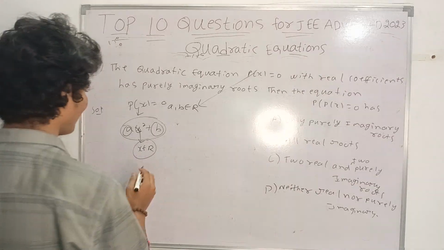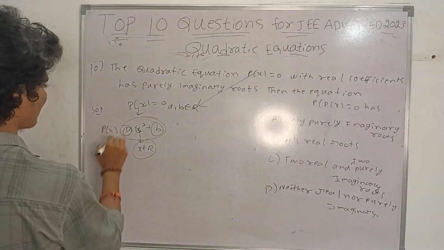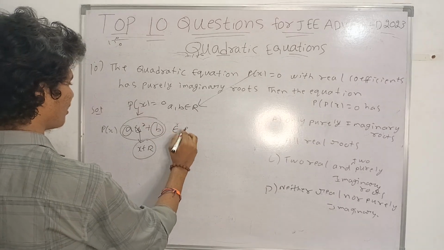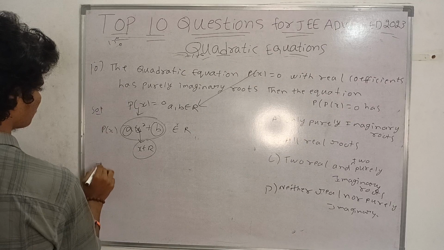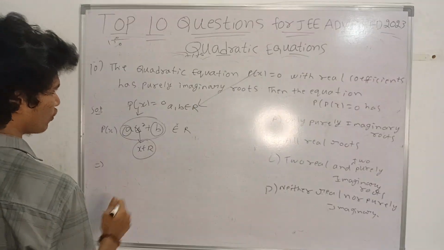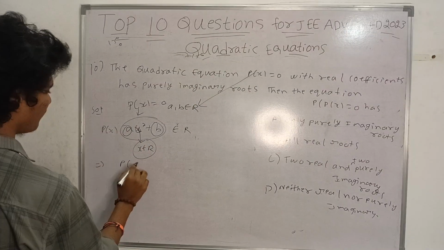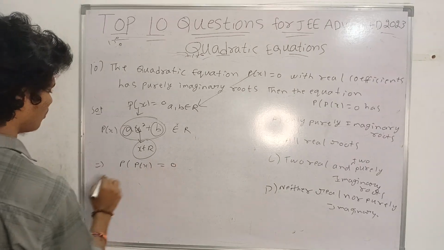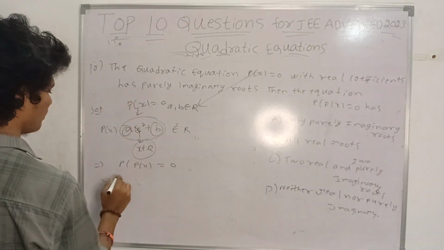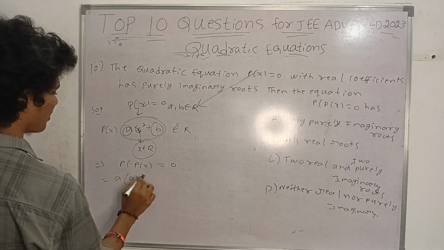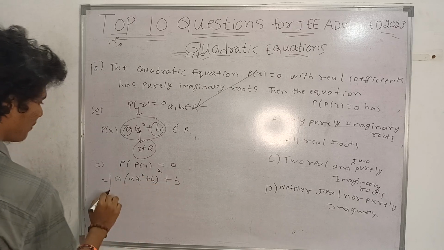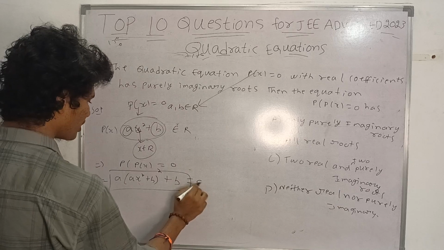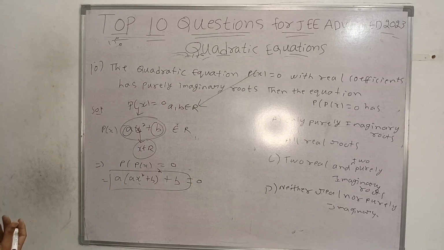This quadratic P of x also belongs to R, and this quadratic equation P of x has purely imaginary roots. Now they are asking P of x equal to 0. Now we have to substitute P of x, that is a into ax square plus b whole square plus b. This is the P of x. For this equation, what will be the roots they are asking?